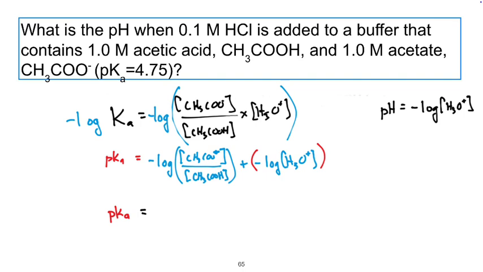So I can get the pKa is equal to the negative log of A minus over HA, plus the pH. Do I know the pKa? Yeah. Do I know the concentration of A minus and HA?